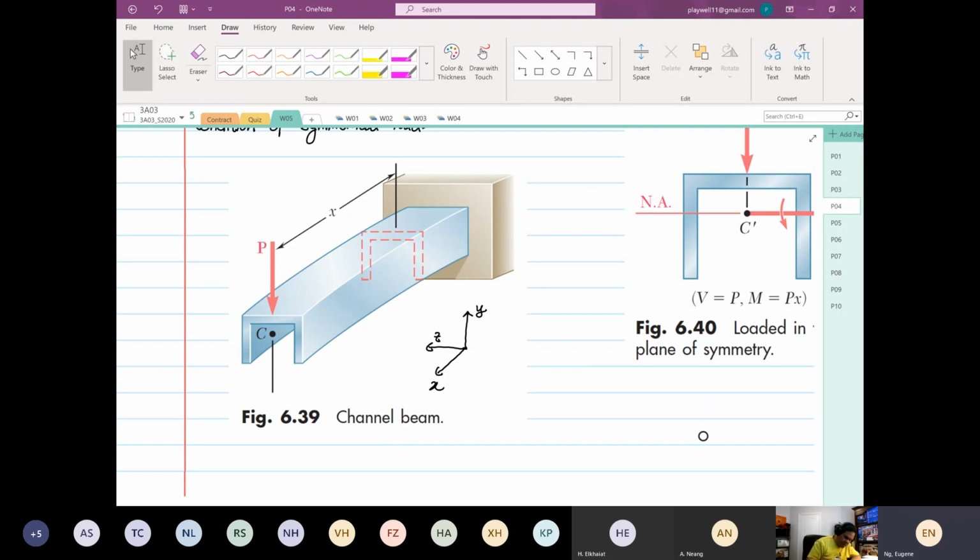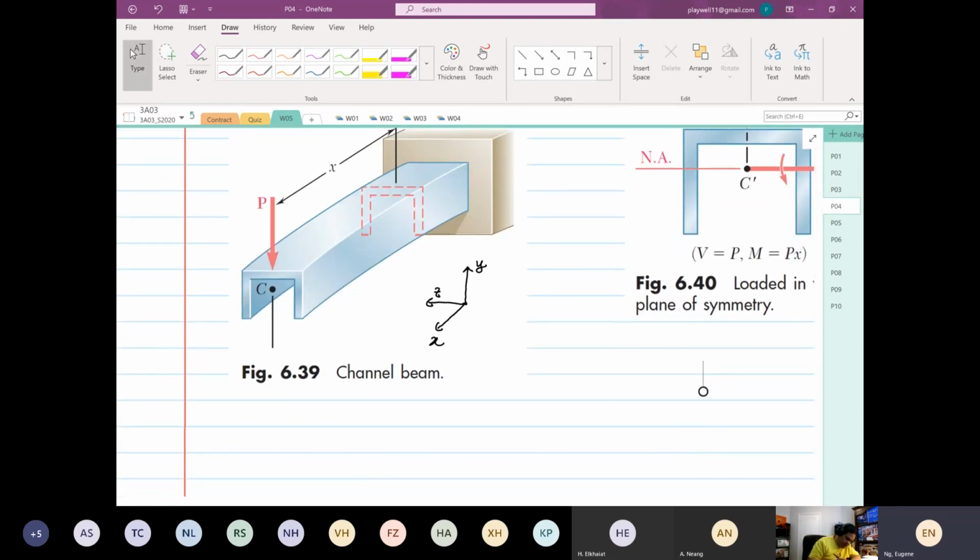Okay, so what you see down here is the structure will deflect or will bend. Okay, the structure will bend in the xy plane only, right?